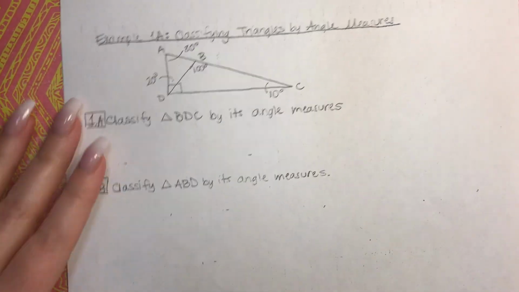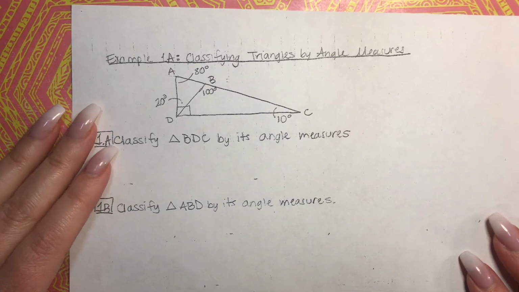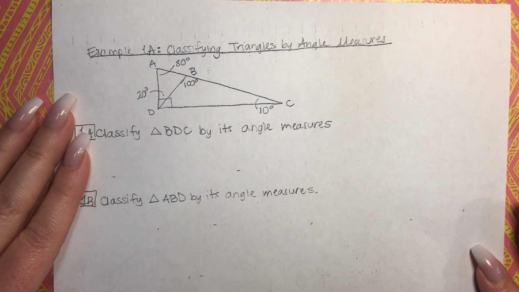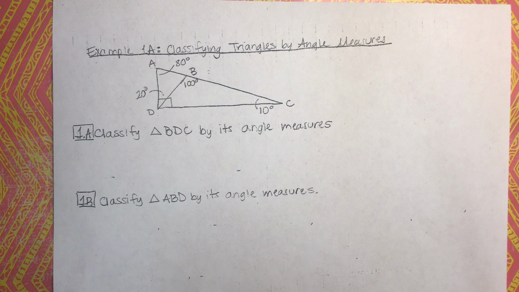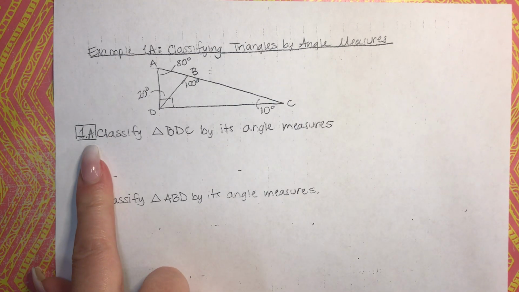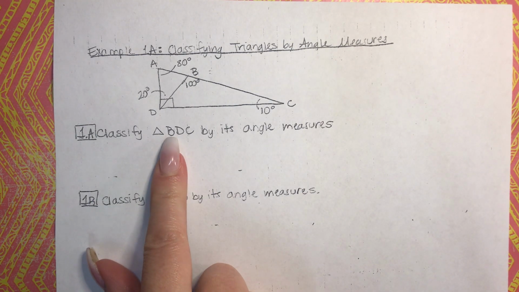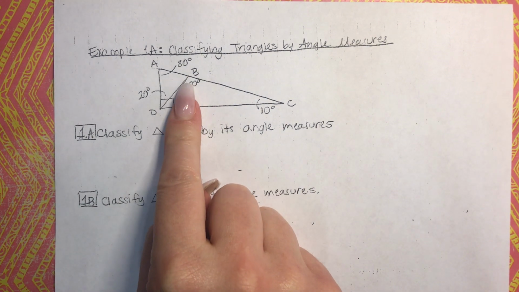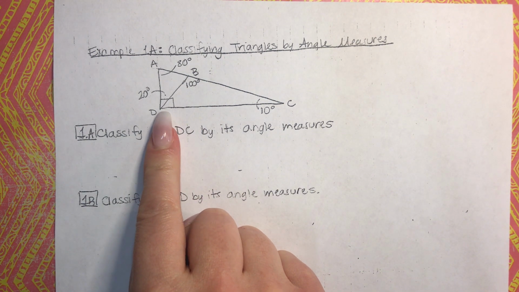So our first one right here, 1A, and we need to classify the triangles by angle measures. So first it says classify triangle BDC by its angle measures.